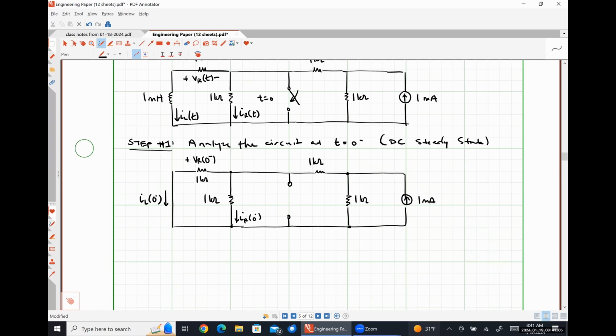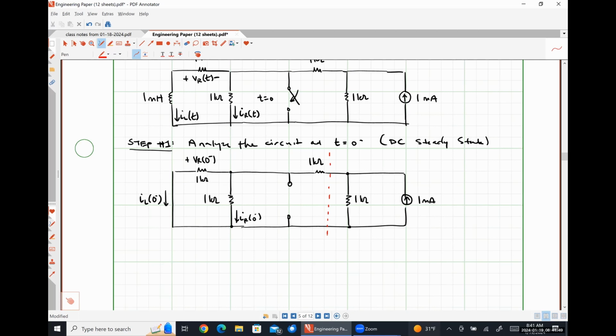So what would you guys care to use here? Yeah. So we could definitely do current division here. So effectively, what's being suggested is that we treat, let me put a dashed line here, everything to the left of this red line as a single equivalent resistance.